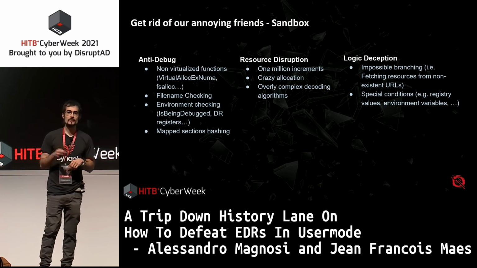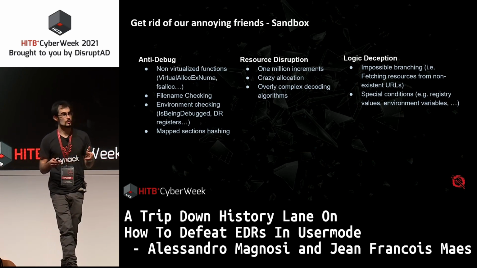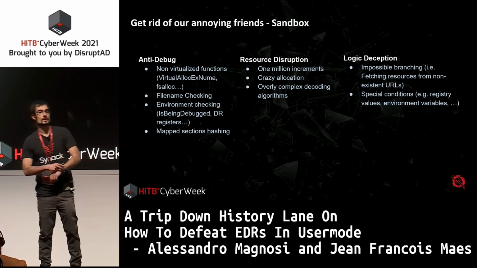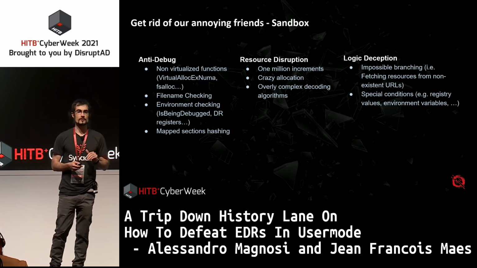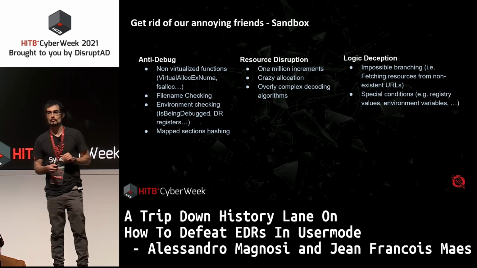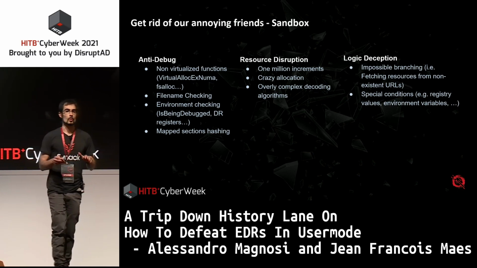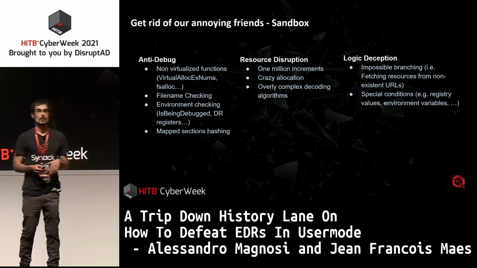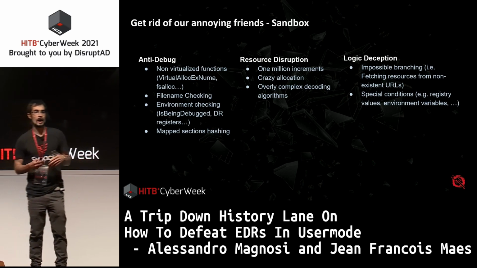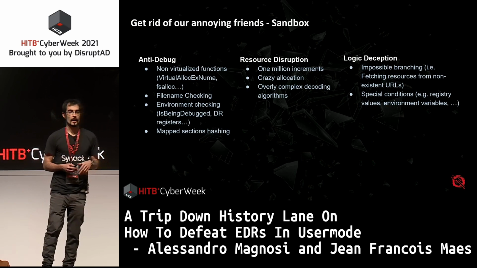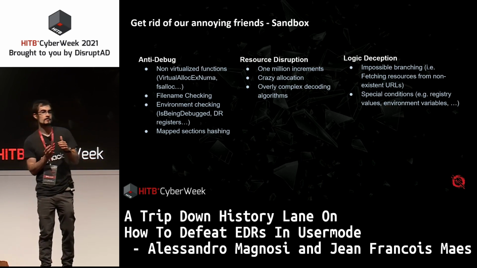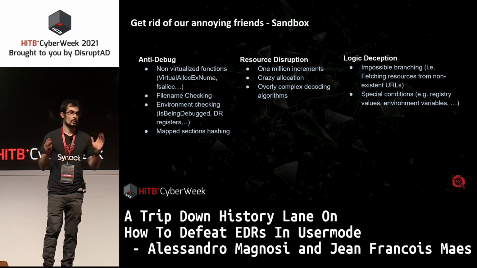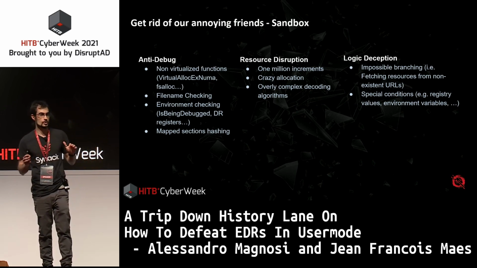Another technique is resource disruption, which was working pretty well not long ago. The aim is to try to allocate more resources than a sandbox can allow. For example, if I ask for 1 gig on the heap and I have a very limited VM, it will probably say, you're asking too much, you need too many resources to run, I can't run it.